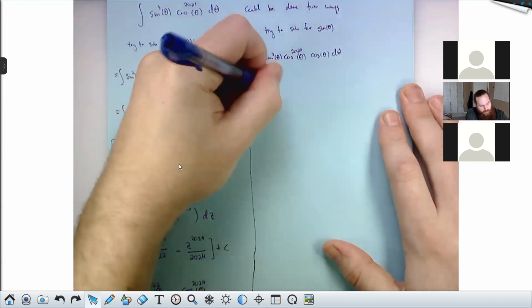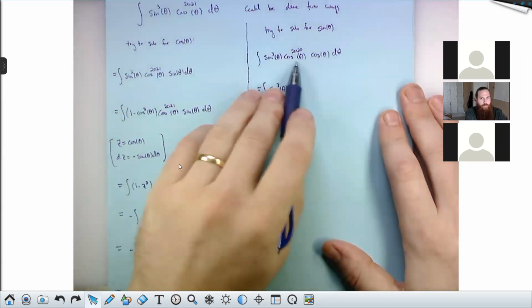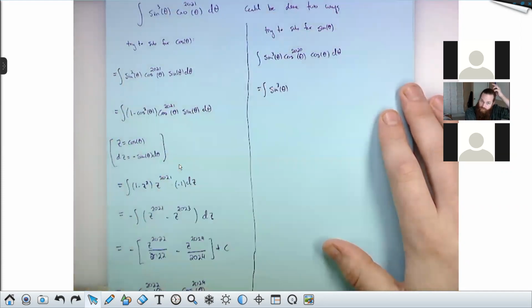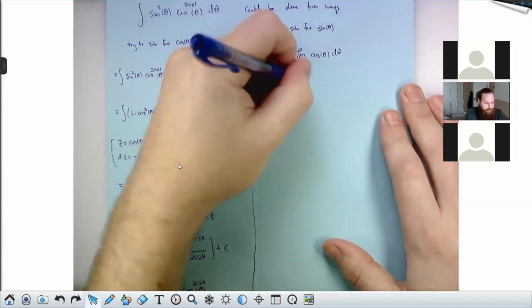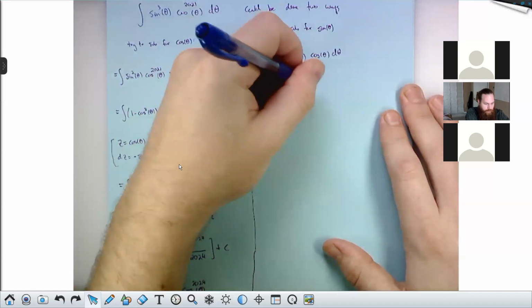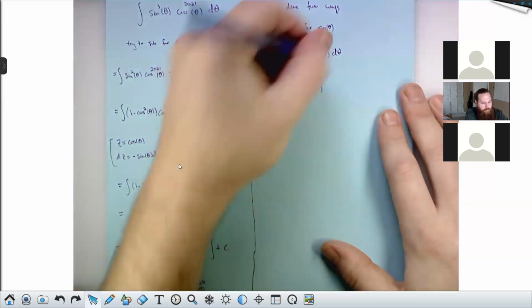That would be integral of sine cubed theta. Now I need to rewrite this cos 2020 as sines. The first step would be to rewrite that as cos squared theta raised to what power? That would be 1010.